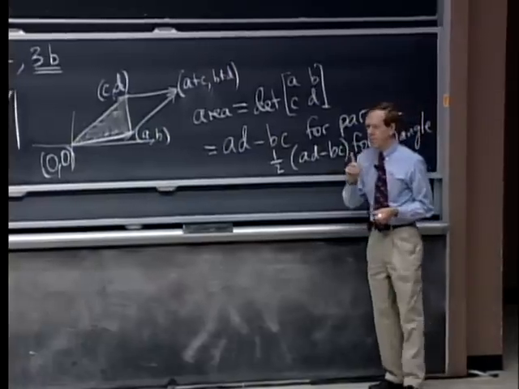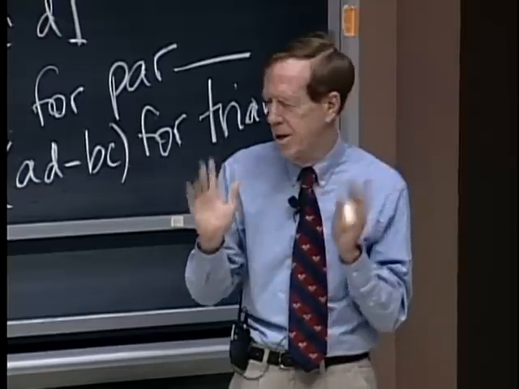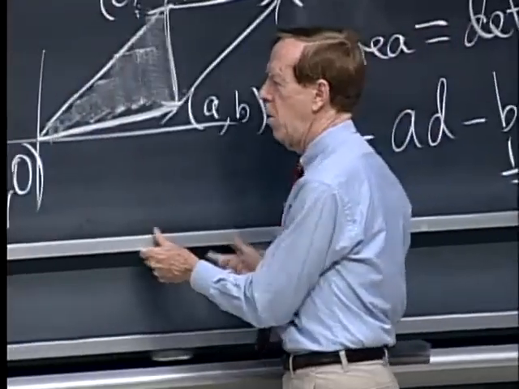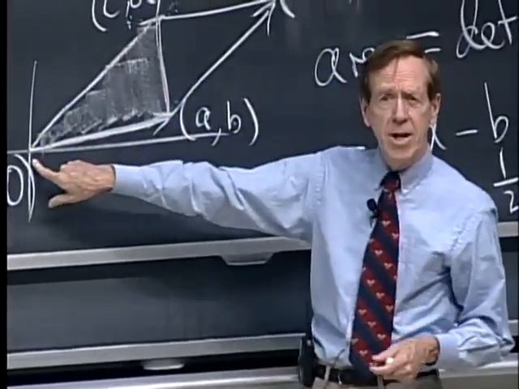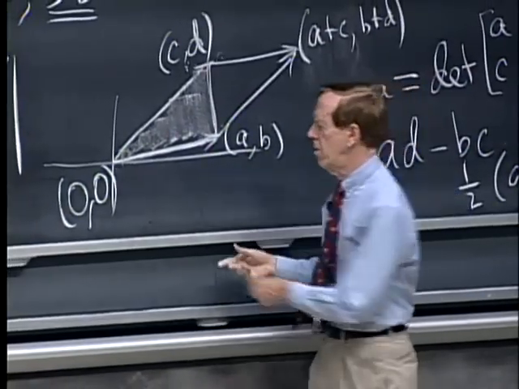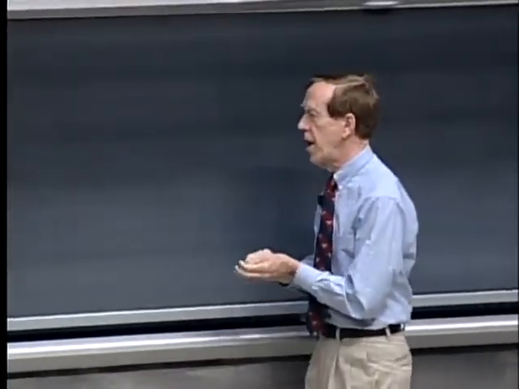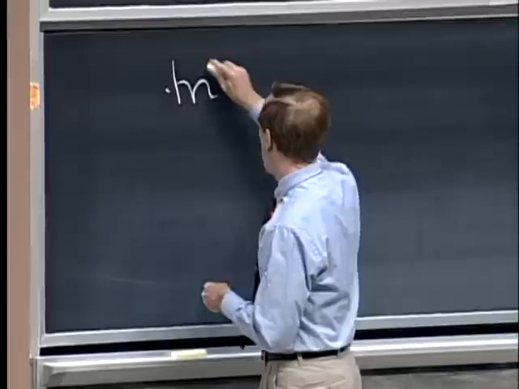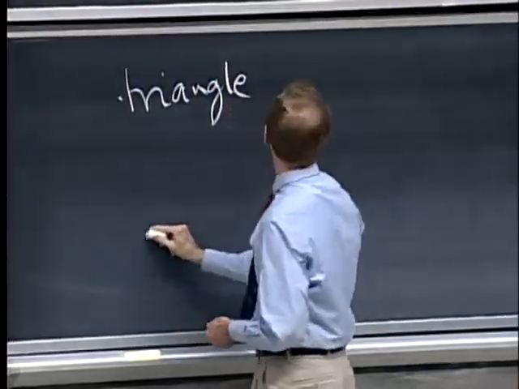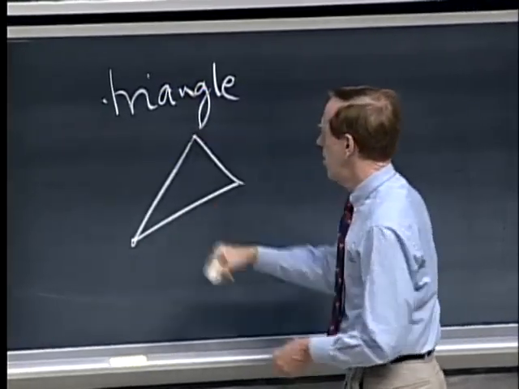I'm just going to say one more thing about the area of a triangle, just because it's so great to have a good formula for something. What if our triangle did not start at 0, 0? I'm coming back to triangles again. But let me put this triangle somewhere.